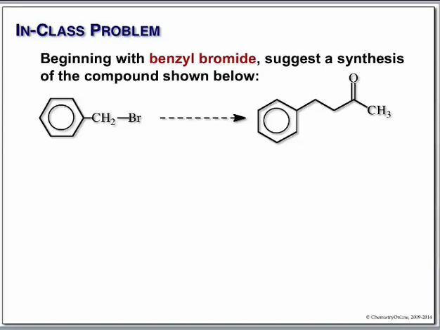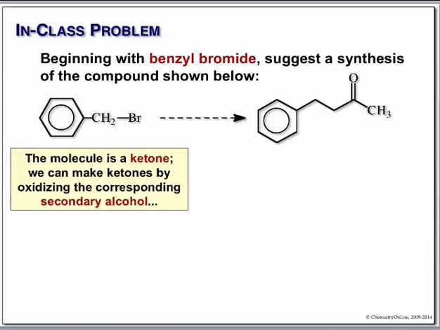So if we look at this, we could say as our first step, it's a ketone. We could make that by oxidation of a secondary alcohol. So go ahead and quickly draw the structure of the secondary alcohol. And again, you want to use either simply chromic acid, or PCC, pyridinium chlorochromate, as your oxidant.